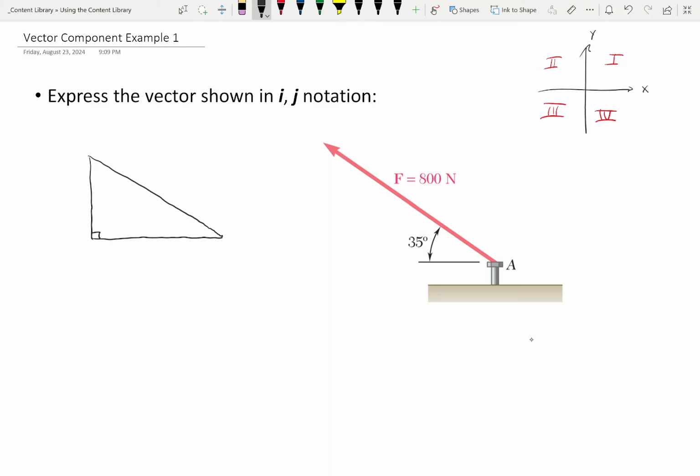Okay, so I have a right triangle. This is 35 degrees. This is 800 newtons. Could somebody tell me how long this is? Just the leg of this triangle. How would you calculate how long this is?